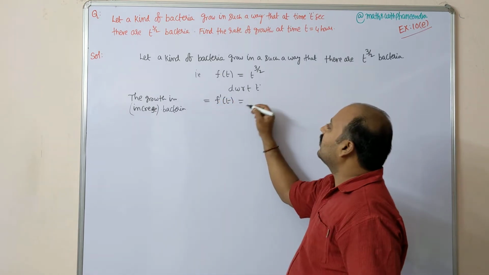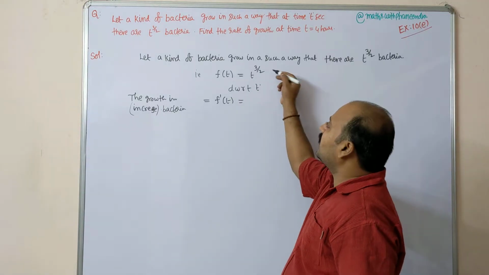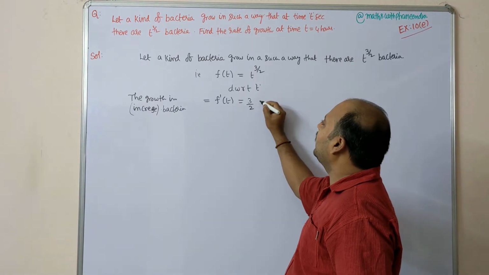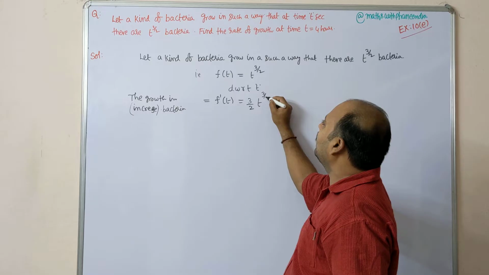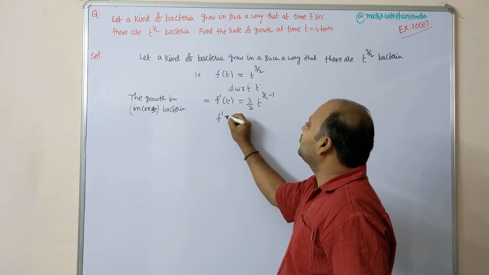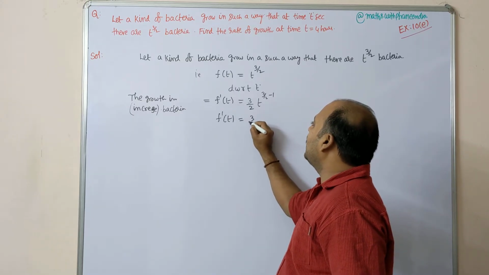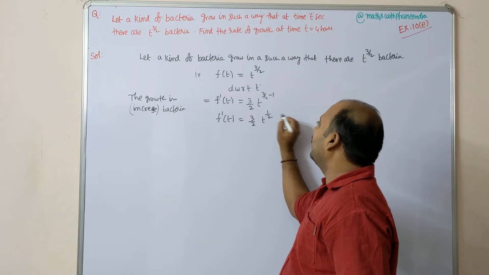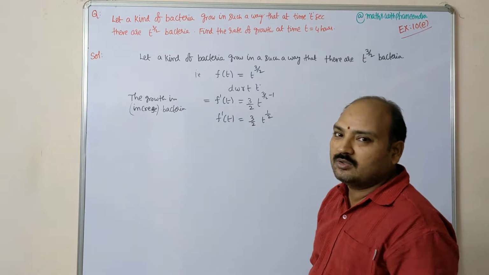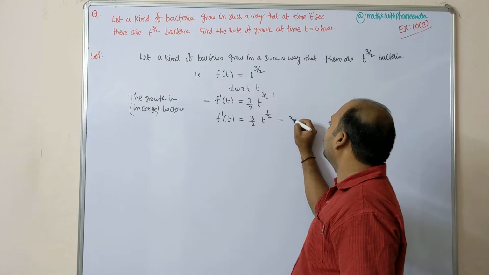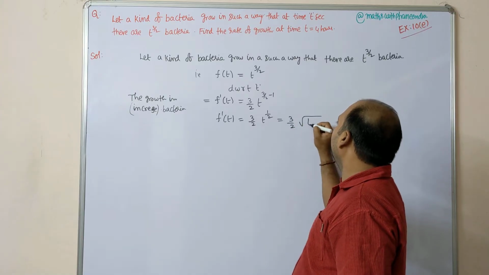So f dash of t equal to, using the exponent formula n into exponent minus 1, 3 by 2 into t power 3 by 2 minus 1. So f dash of t is equal to 3 by 2 into t power 1 by 2. T power 1 by 2 means what? Root t. So 3 by 2 root t.